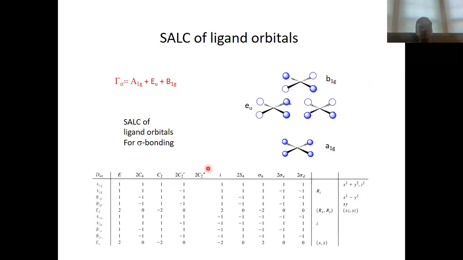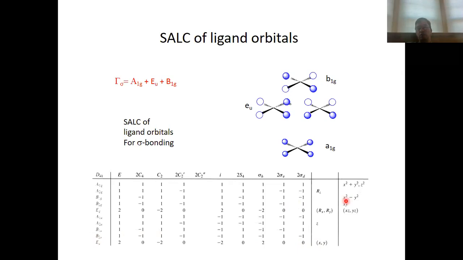Now to do this, you just need to look into the character table. So certainly the s orbital would have A1g symmetry. Okay, so the pz orbital would have this symmetry here, which is A2u. The px and the py orbitals would have Eu symmetry.